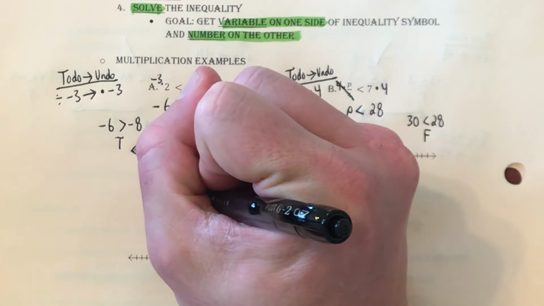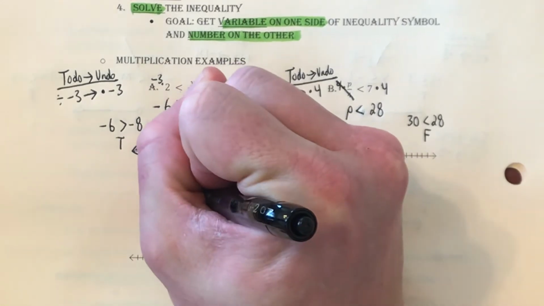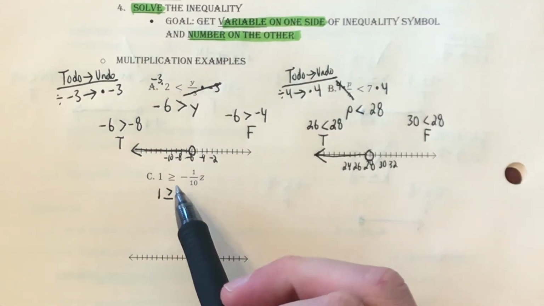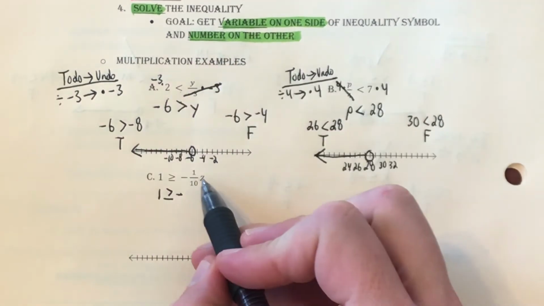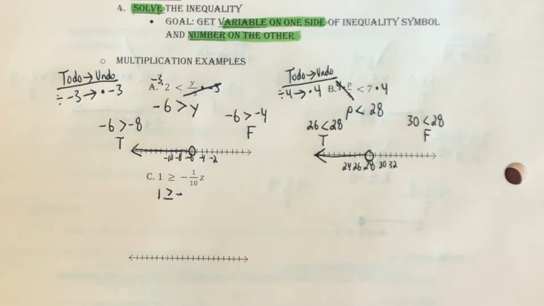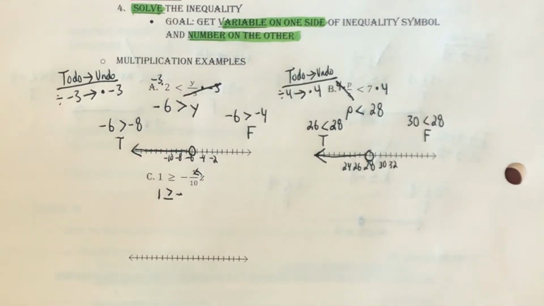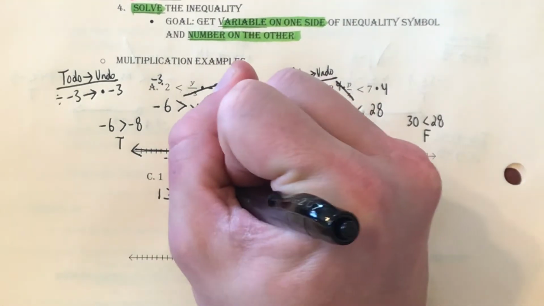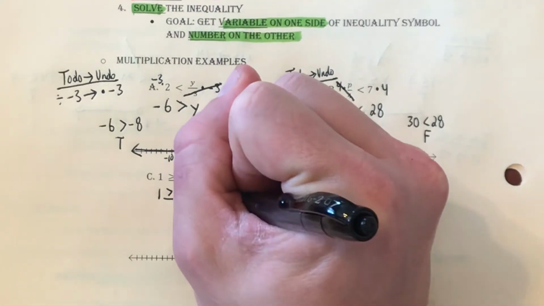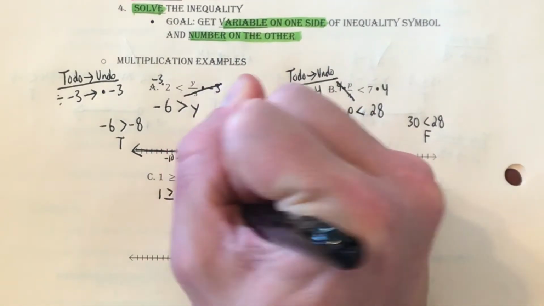So what we're going to do is rewrite this as 1 is greater than or equal to negative, and I'm going to put z to the top, which would make it 1z. Well, 1z is really just the same as z, so I'm going to just put z over 10.